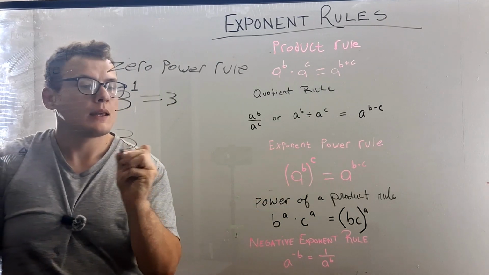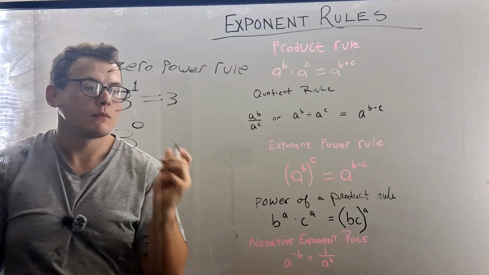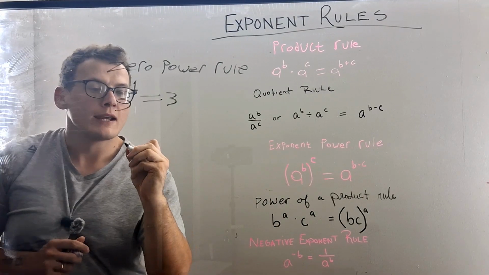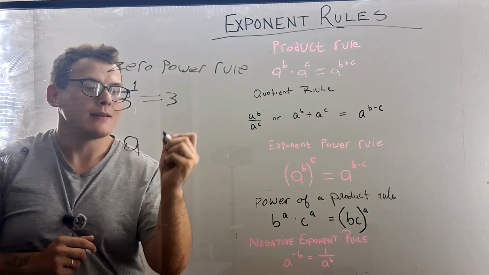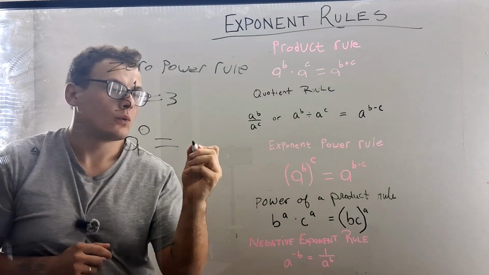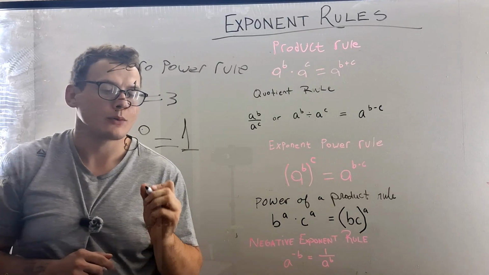When we raise something to the 0th power, I'll express this generally first. When we raise any a to the 0th power, it is going to equal 1. Anything raised to the 0th power.